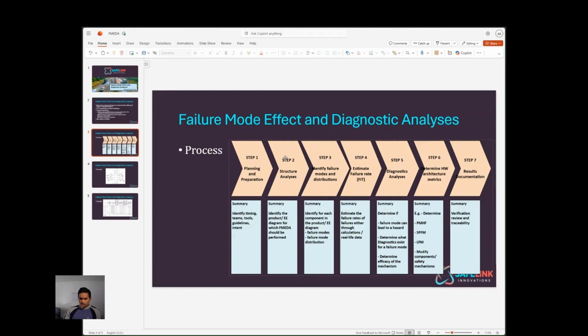It could be a power supply, a circuit diagram, a microprocessor, a memory, a microcontroller, whatever it is. What is the boundary? Step 3: you've identified the product for which you're doing the FMEDA, so identify all the elements of the product. And for each element, identify their failure modes and failure mode distribution.